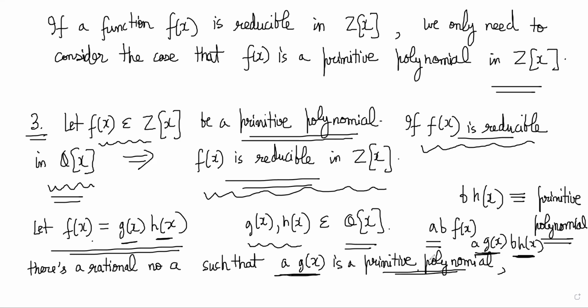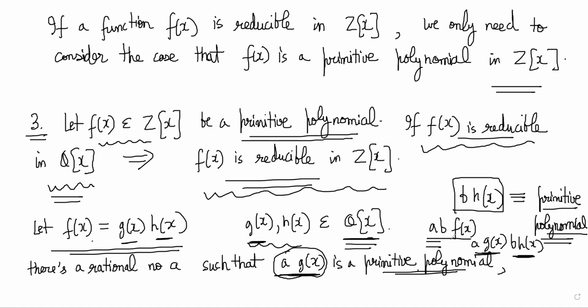This is from the previous point that for every rational polynomial, there is a primitive polynomial in Z of x. Since g of x was a rational polynomial, a times g of x is a primitive polynomial in the integers, and similarly, b times h of x is a primitive polynomial in Z of x again.